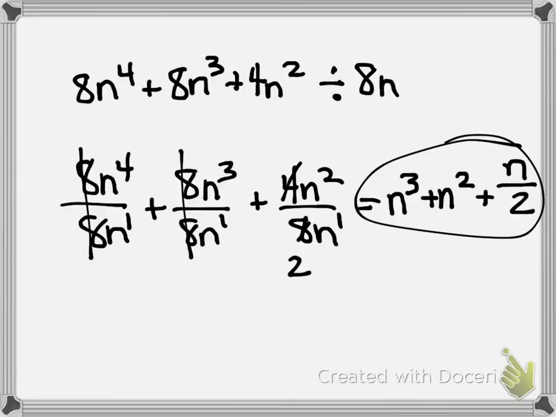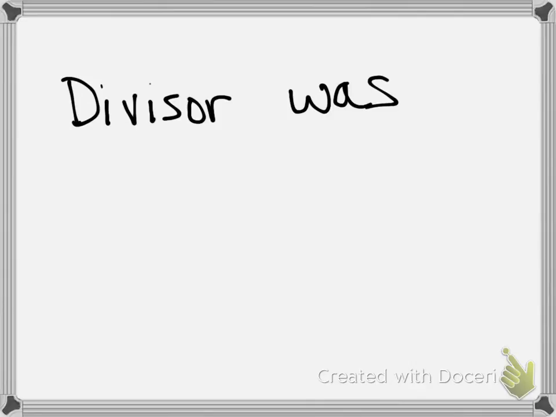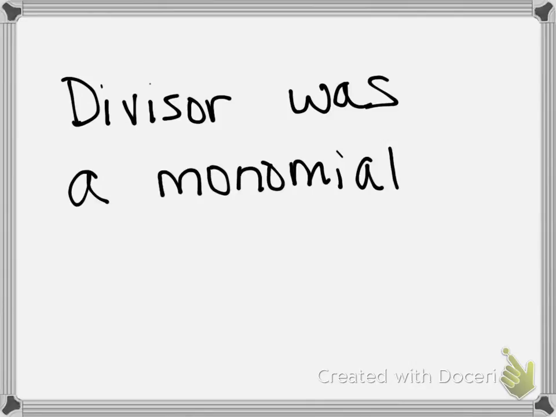And this was specifically number 3. And you can see if you look at your answer choices, that would be answer choice A. So I want to make a distinction here about what we're dividing. These two processes were when we had a divisor, or the thing outside the house, that was a monomial, or one term.